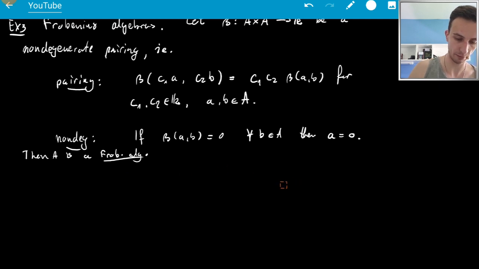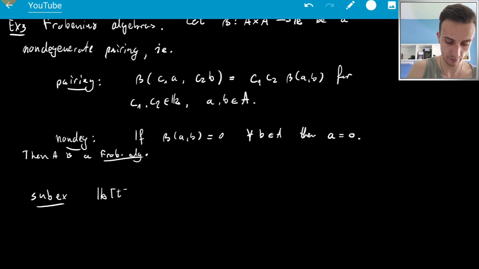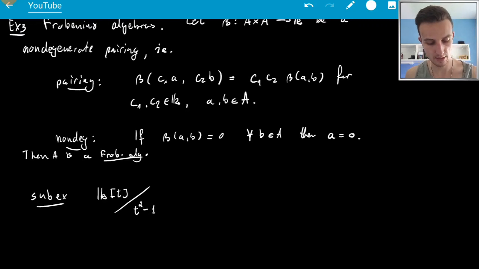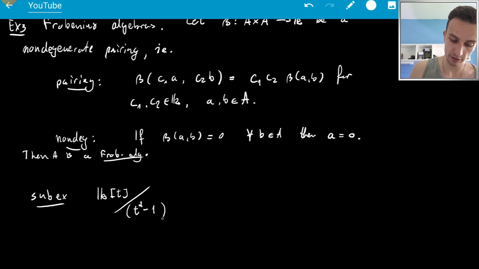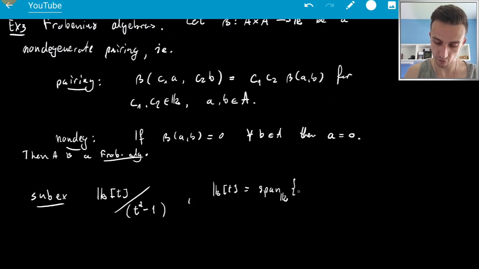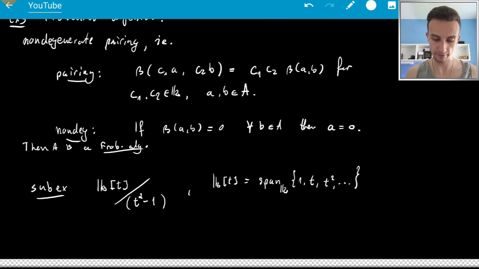Let's look at the polynomial ring, actually. So, sub-example, a polynomial ring over T, quotiented by T squared minus 1. So what do I mean by this? By the ideal generated by T squared minus 1. K[T] is the span over K, the field, of 1, T, T squared, and so on. So the polynomial ring goes up to infinity, okay?